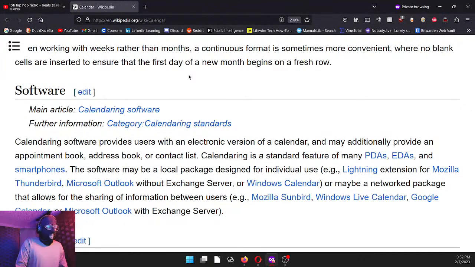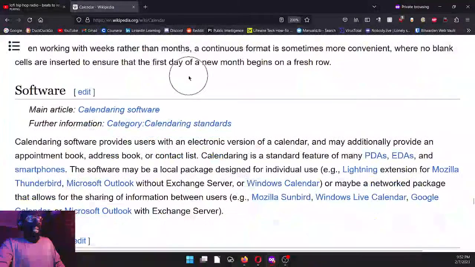The software may be a local package designed for individual use, e.g., Lightning extension for Mozilla Thunderbird, Microsoft Outlook without Exchange Server, or Windows Calendar, or may be a network package that allows for sharing information between users, e.g., Mozilla Thunderbird, Windows Live Calendar, Google Calendar, or Microsoft Outlook with Exchange Server.